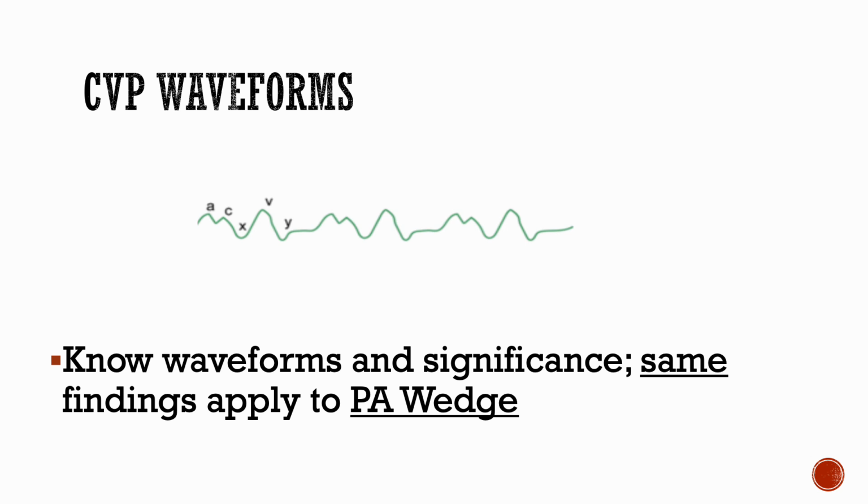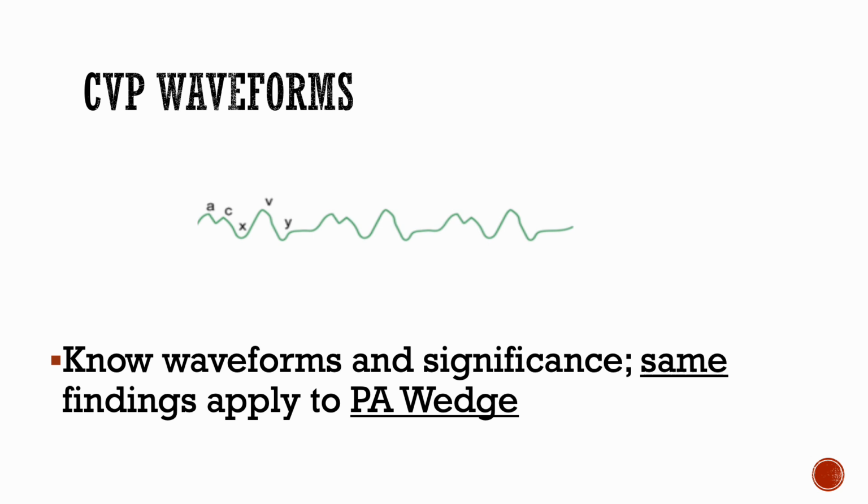The waveforms themselves are pretty informative. You have the A, C, and V waves. The A tracks with atrial contraction, and the C is ventricular contraction or ventricular systole. C stands for the cusps. So the cusps are closing and send a little bit of a wave back that's picked up by this pressure transducer.